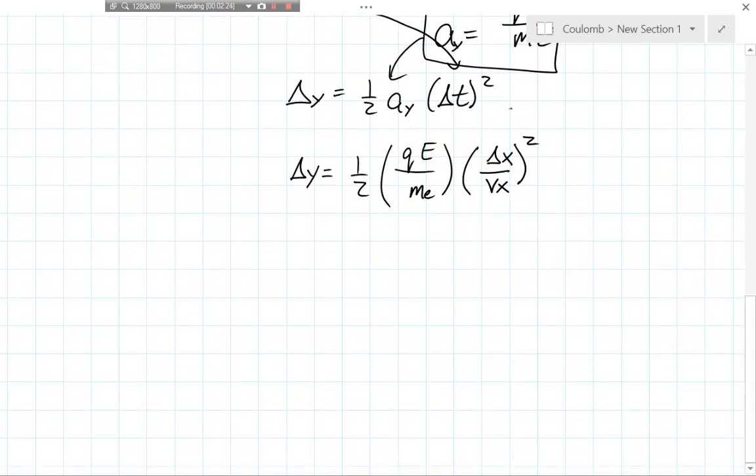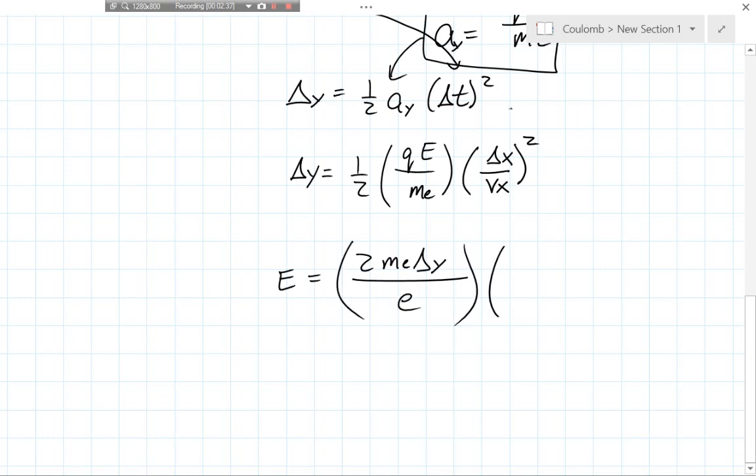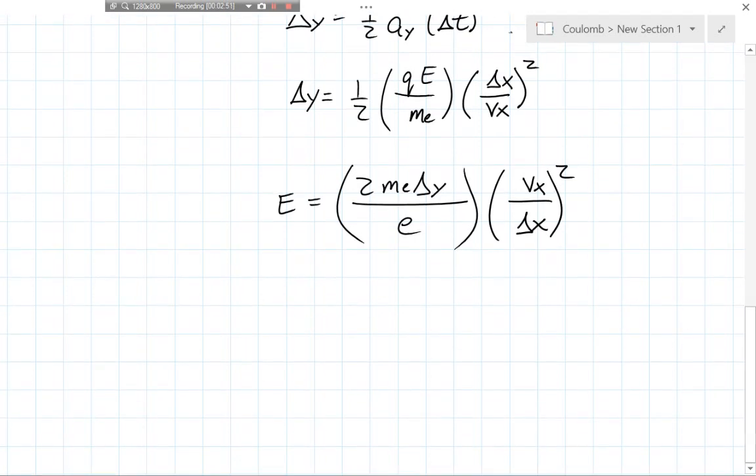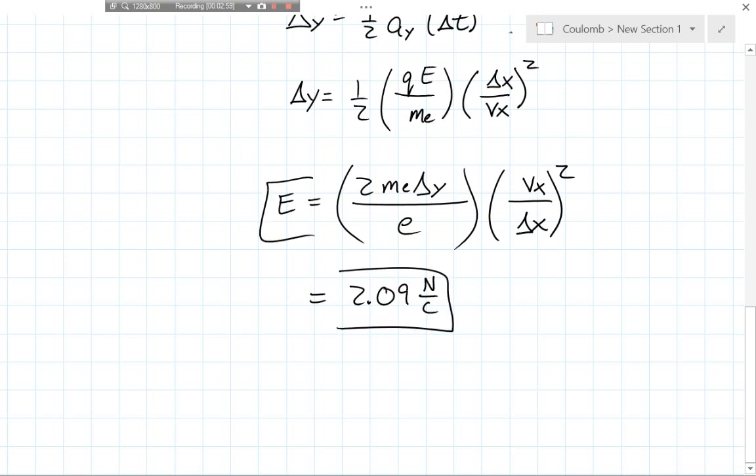And now if I solve for the electric field, I'll see that the electric field is going to be equal to 2 times the mass of an electron times delta y divided by e, that's the charge of the electron, multiplied by Vx squared divided by delta x squared. And now if I plug all this into a calculator, I see that this is going to be equal to 2.09 newtons per coulomb.